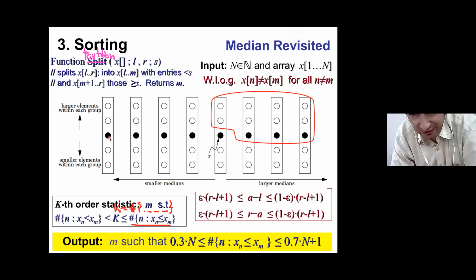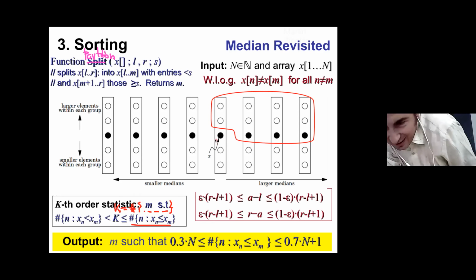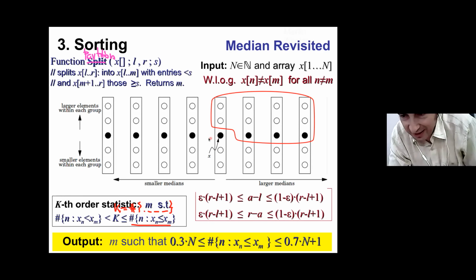This is the median of the groups, and this is what is indicated by these black dots. Then these black dots themselves you can consider as an array, and you can take the median of these medians. If the number of groups is even, then there are 2 middle elements, and you can pick one of the 2.